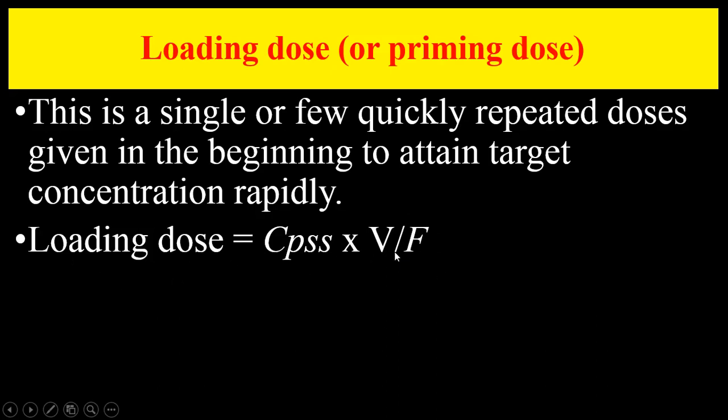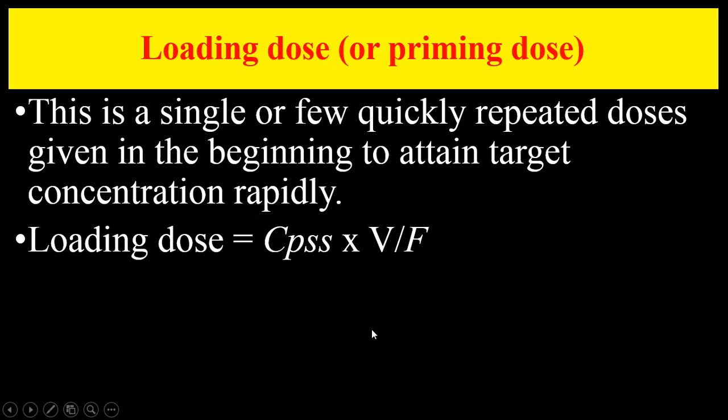Because there is loss due to oral bioavailability, it tends to increase the loading dose. That's why we divide by the bioavailability: because it is less than 1, the loading dose amount will be more.